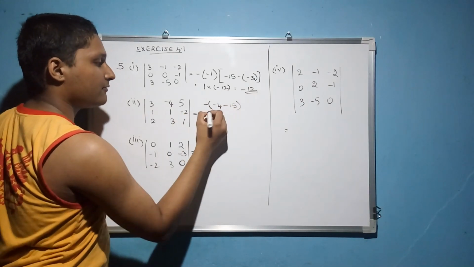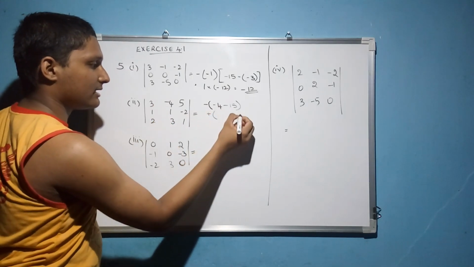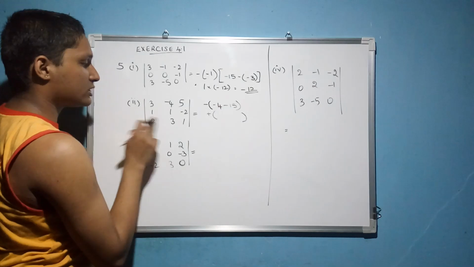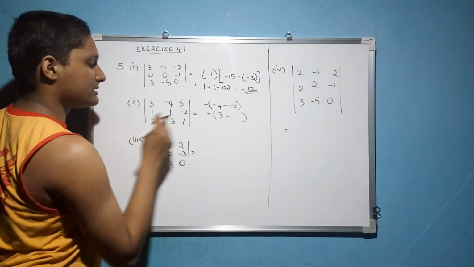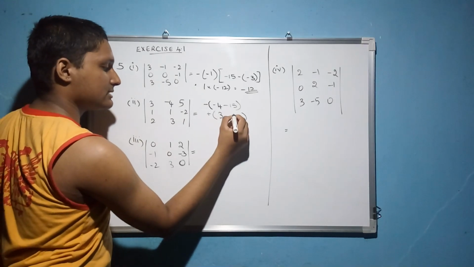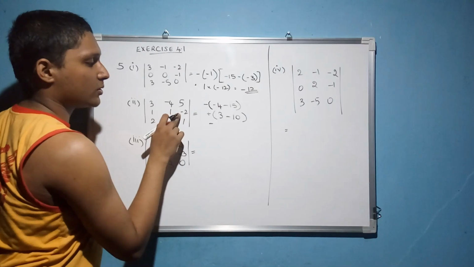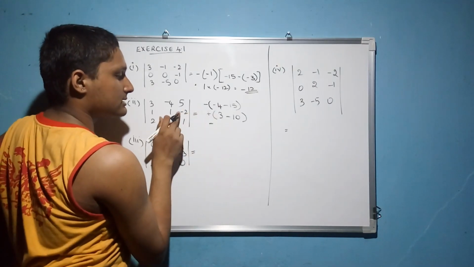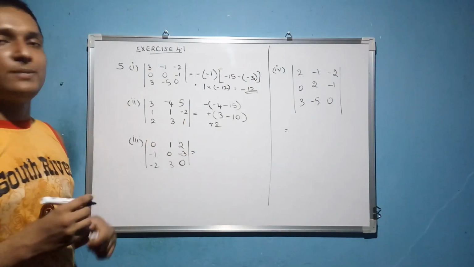Then one plus sign for the second one. Since it is 1, I can just leave it out like that only. So it is going to be 3 into 3 minus 2 into 5, that is 10. Then you have a negative sign because you are going to do the other one. Since it is minus 2, it becomes minus of minus 2, so it is going to be plus 2 over there.